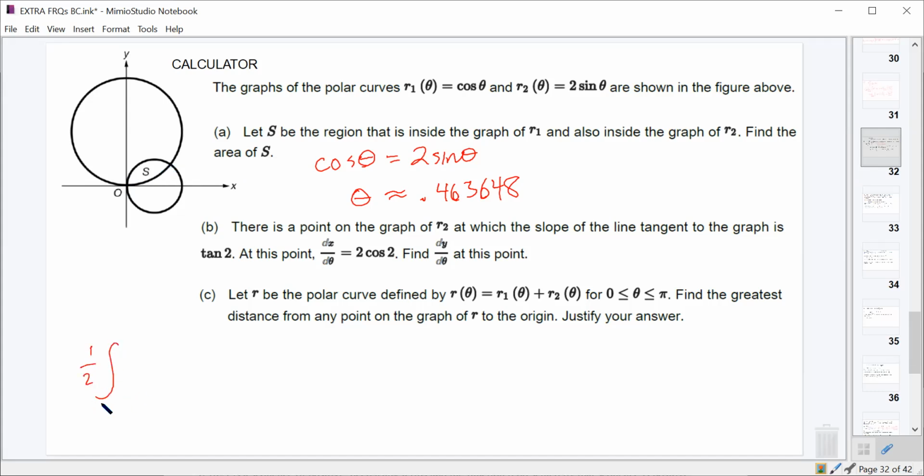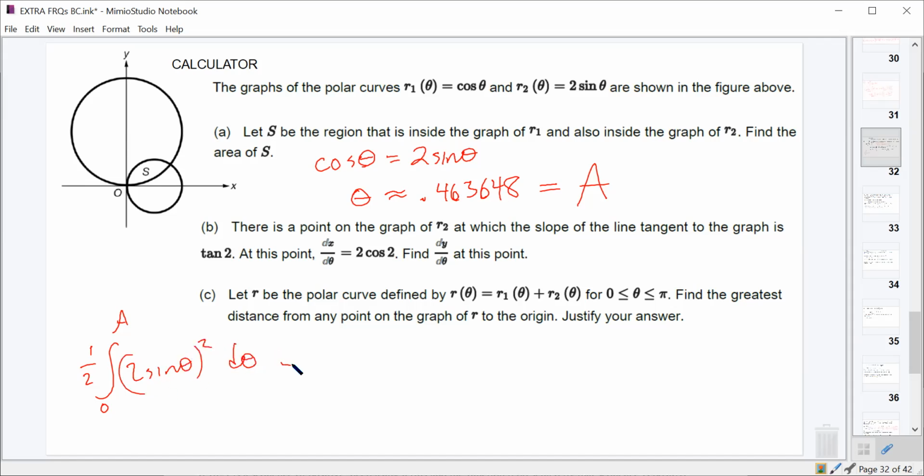And we should have our 1/2 out in front. So 1/2 the integral from 0 to, I'm going to just name this as capital A, so I don't have to keep rewriting it, which is acceptable for you to do on the AP test. And I highly recommend it on a calculator question anyway. So integral from 0 to A of 2 sine theta squared d theta.